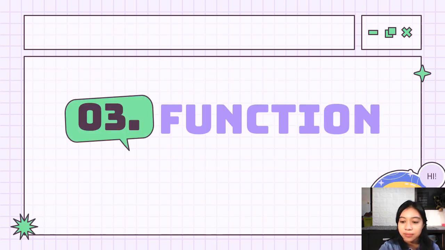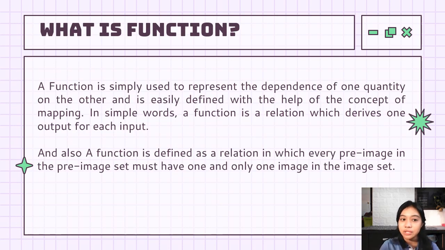Third, function. What is a function? A function is simply used to represent the dependence of one quantity on the other and is easily defined with the help of the concept of mapping.